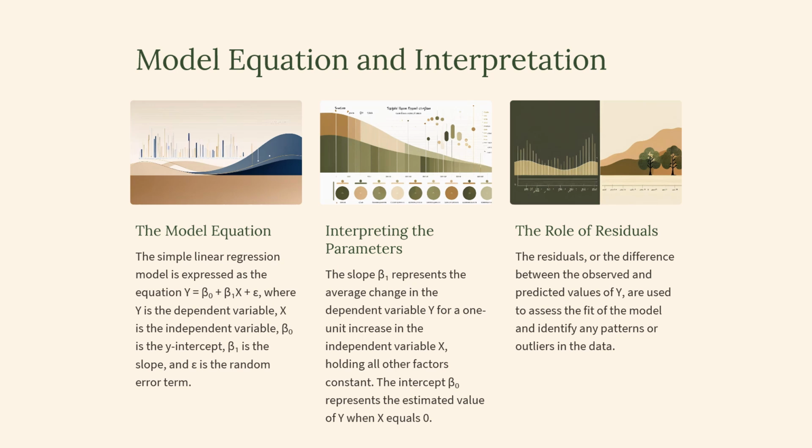The role of residuals: the residuals, or the differences between the observed and predicted values of y, are used to assess the fit of the model and identify any patterns or outliers in the data.